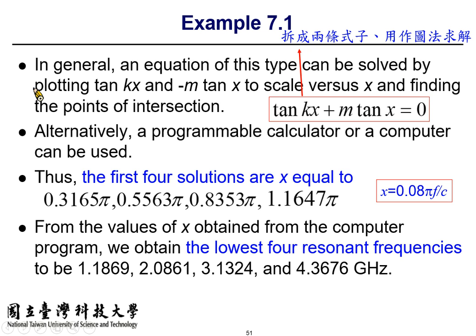So in general, an equation of this type can be solved by plotting the two parts of the equation on the same plot, and the intersection of the two lines will be the solution for this equation. So you separate the two parts of the equation as tangent kx and minus m times tangent x, and you plot the results in terms of x.